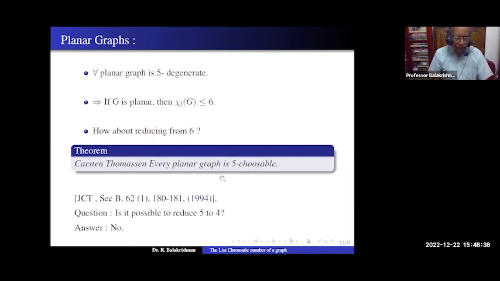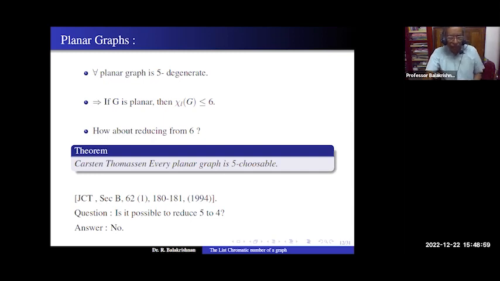So if G is planar, then the listochromatic number of the graph is less than or equal to 6 because it is phi degenerate. Every planar graph is phi degenerate. So that implies that if G is a planar graph, its listochromatic number is at most 6.